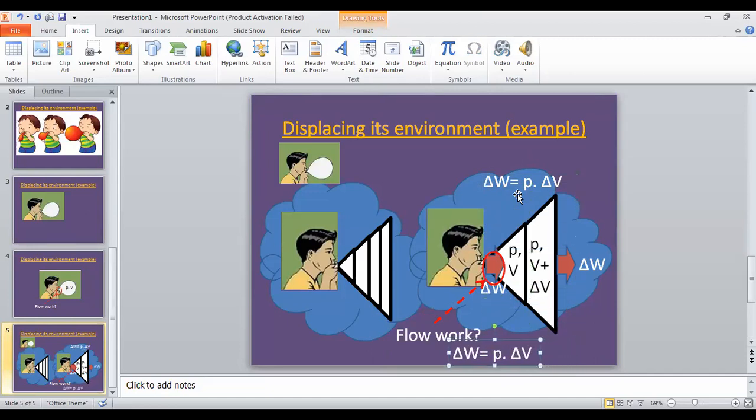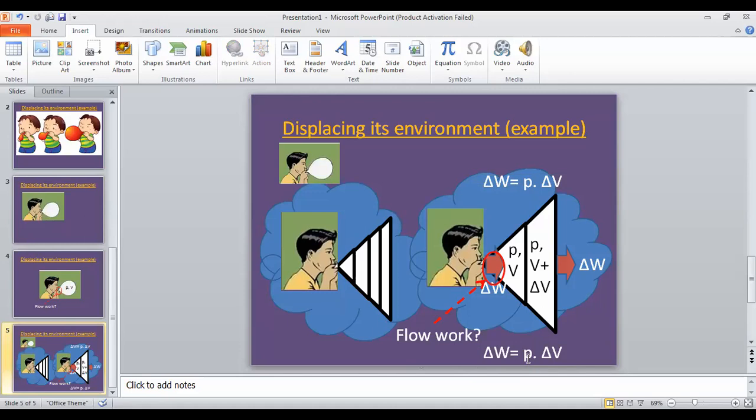That is pressure times the volume change. So it's a little volume change. We consider there is no change in pressure, or the pressure change is negligible for this case.